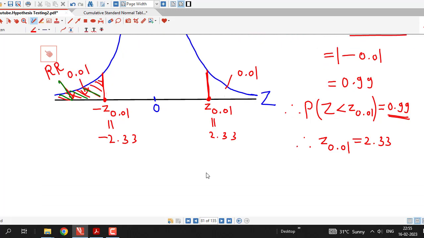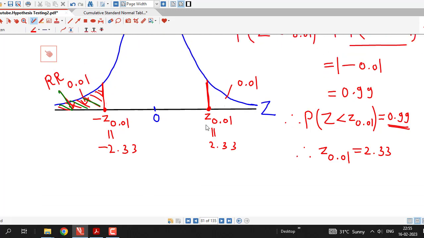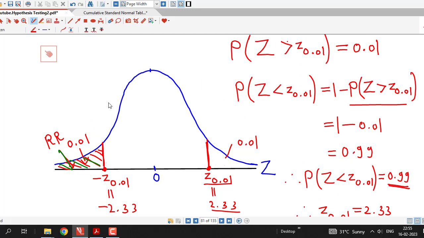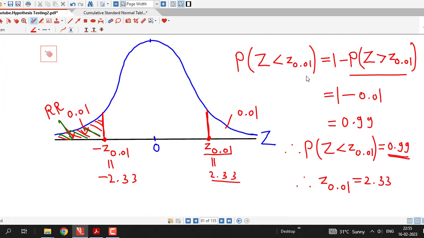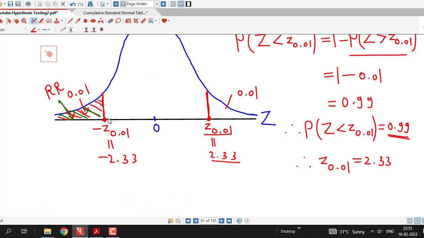Now this value z suffix 0.01 is 2.33, therefore this is negative 2.33. This is the critical value for this rejection region, and we have to compare the calculated value of the test statistic with this value. The calculated value is minus 2.52, and this is minus 2.33. So minus 2.52 is somewhere on the left side of minus 2.33.